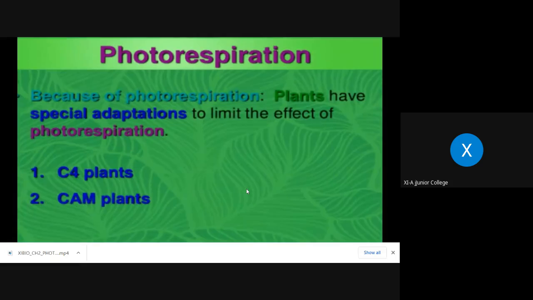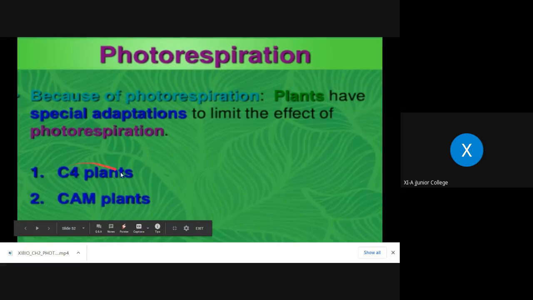So to avoid it, some of the plants have adapted themselves to make changes in their anatomy, internal structure, and they follow the C4 pathway as well as CAM. That is, there are two types of plants: those which show the C4 pathway are called C4 plants, and crassulacean acid metabolism is shown by CAM plants.